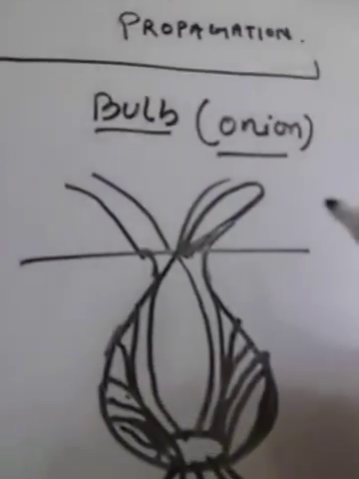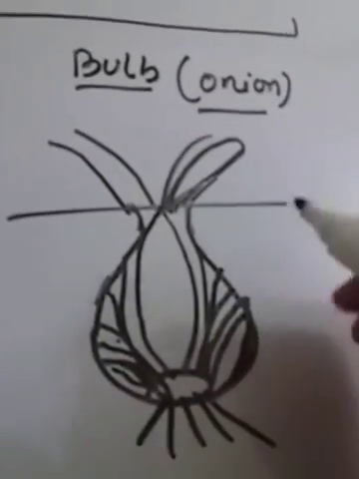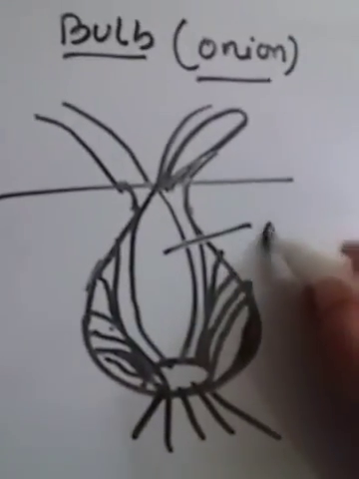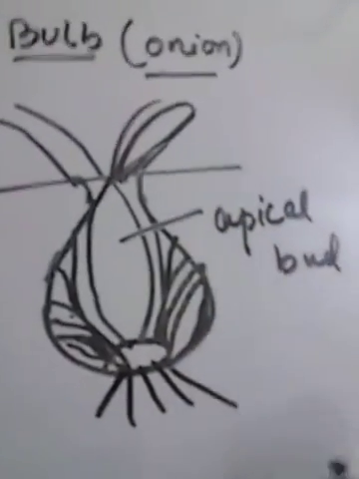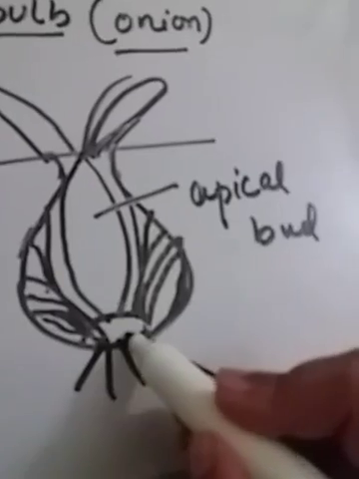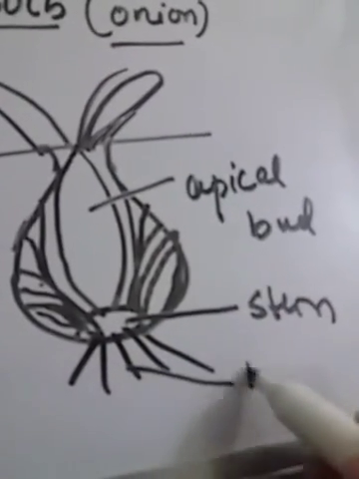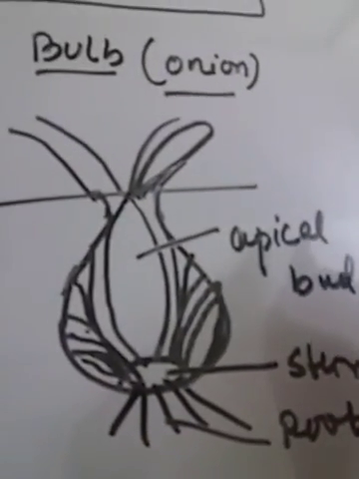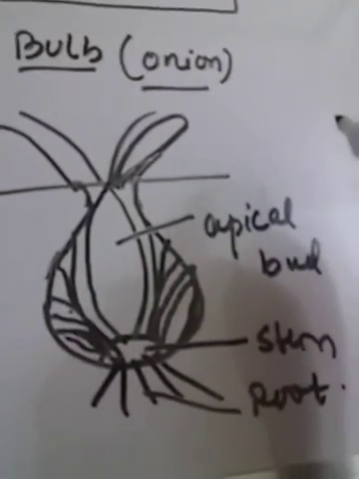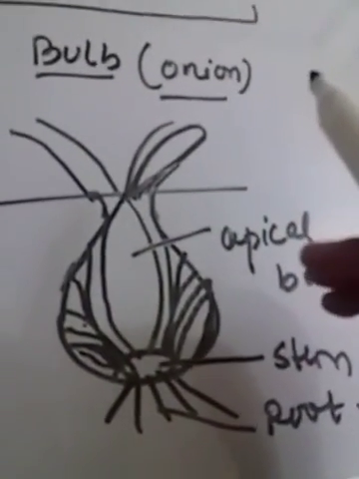It looks a bit odd. Well, let it be. This is our onion. This is the apical bud. This is the stem here. These are the roots. So this is our bulb, onion.